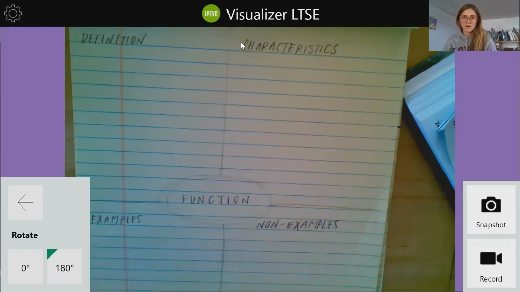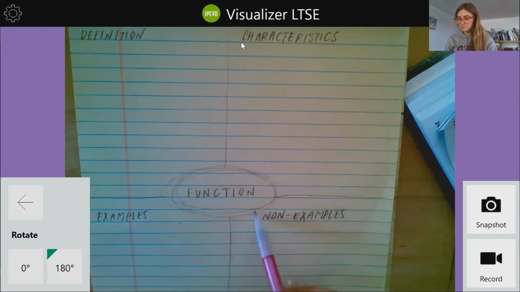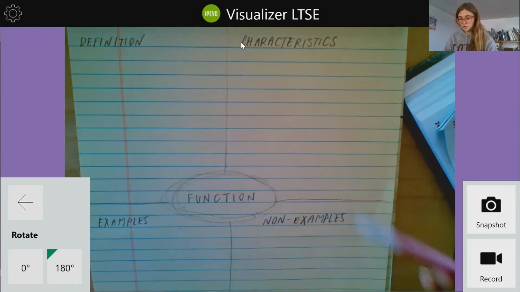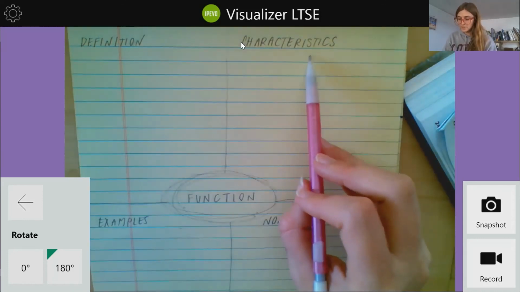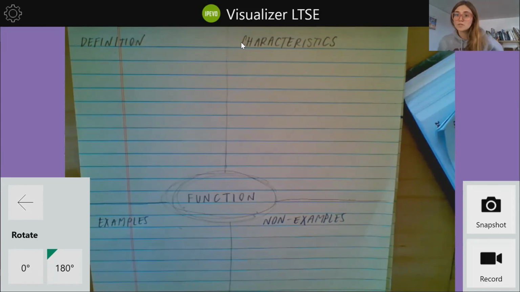What we do is you write your vocab word right in the middle, and then you split your paper into 4 sections. So you'll have the definition, characteristics, examples, and non-examples. You guys can work on that on your own, and I'll post an example of mine later on today.